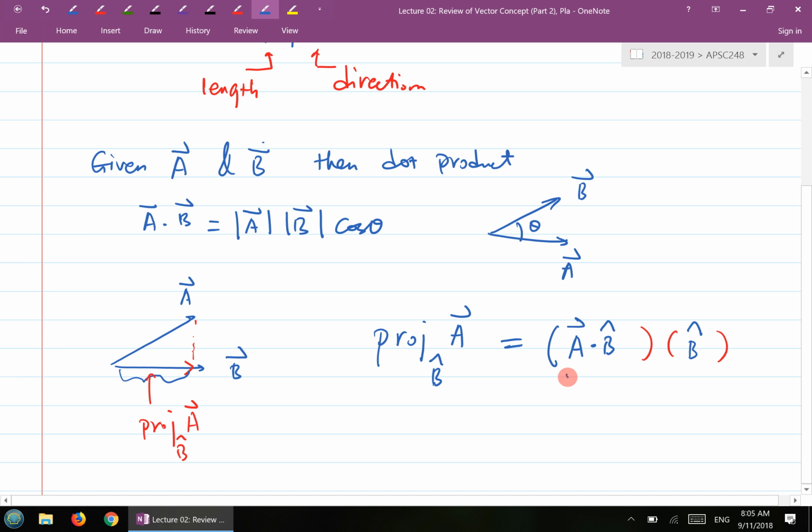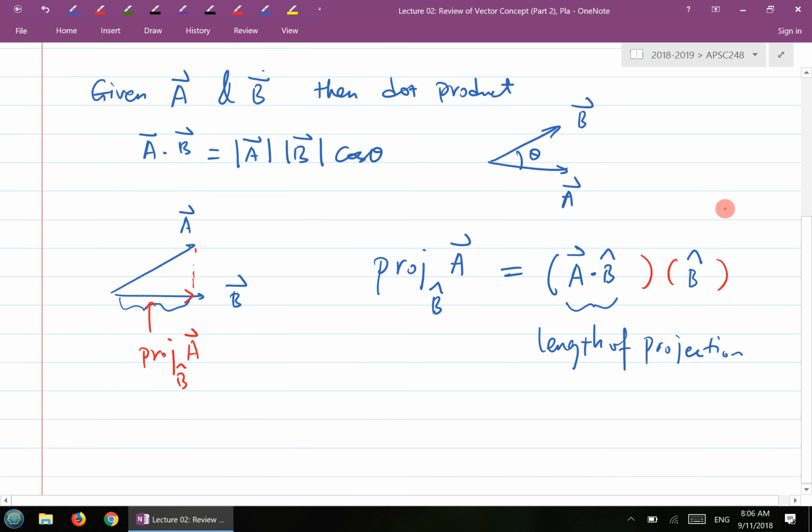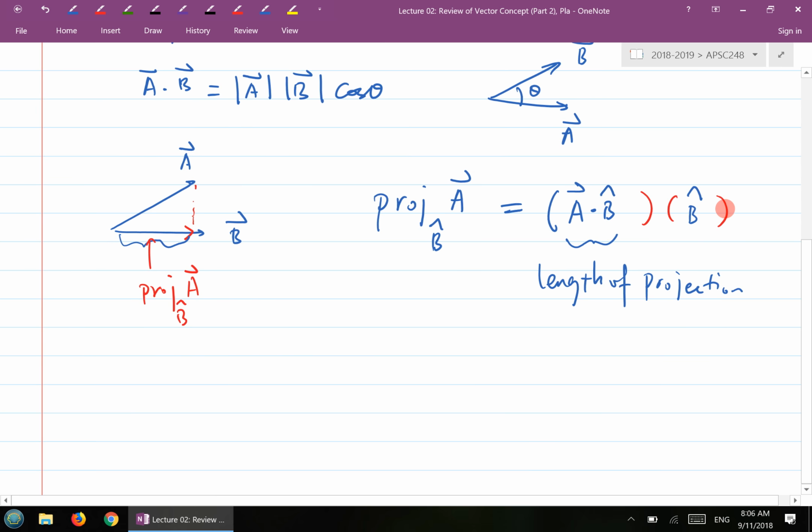So whenever people ask you for the length of the projection of something in a certain direction, mathematically you can just use the vector representing that, A, and dot it with the unit vector of the direction, and you get the projection length. So that's the dot product.